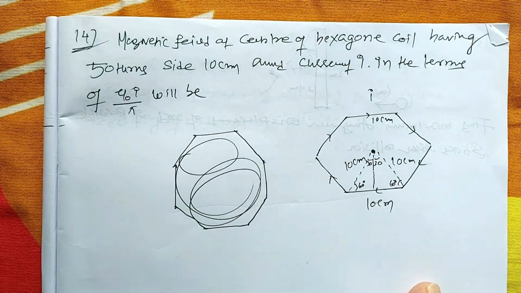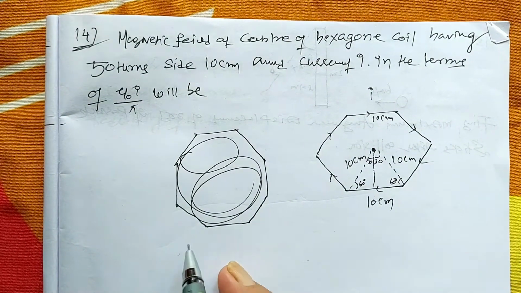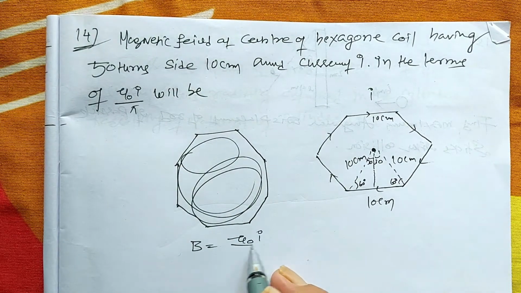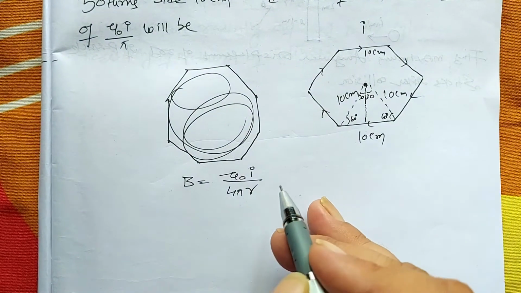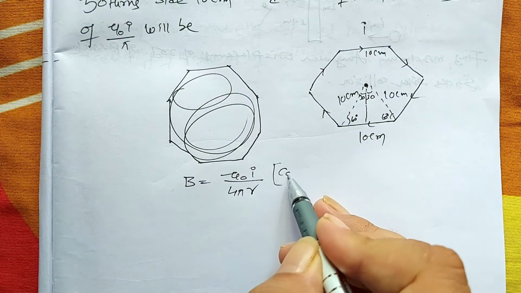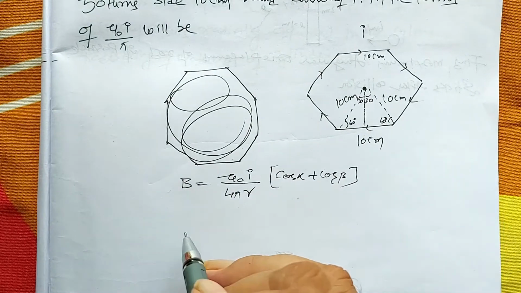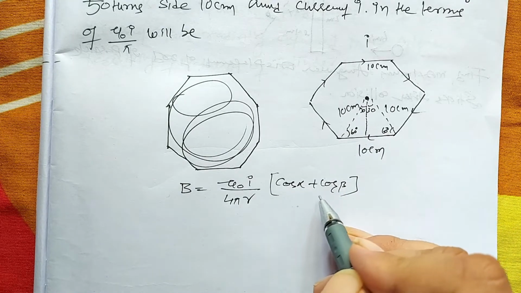We know the formula to find the magnetic field at the center of the coil: B equal to mu naught I by 4 pi r, cos alpha plus cos beta, if we take these angles.